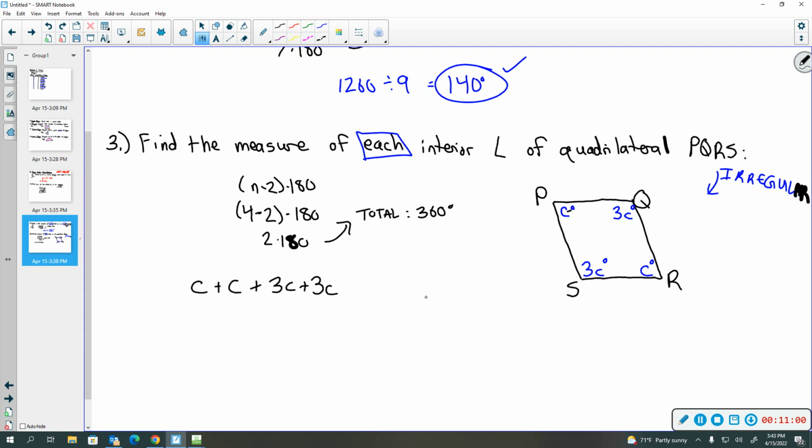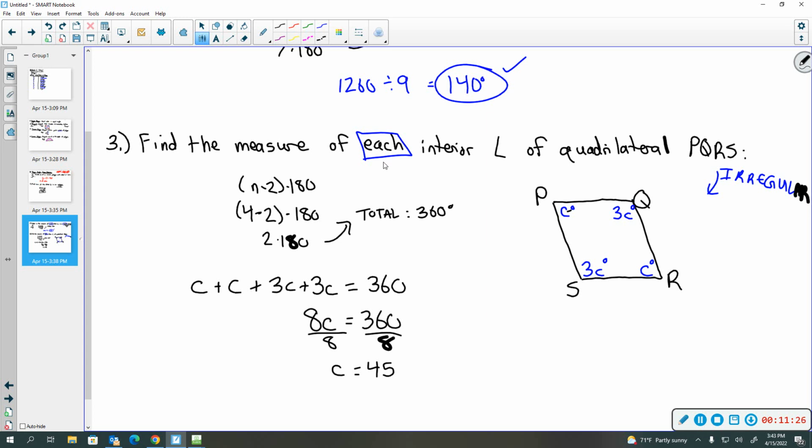All 4 angles added would have to equal my total of 360. Well, combining like terms, 1C, 1C, 3C, 3C. I have 8 C's in total, equal to 360. To get C by itself, I would divide by 8. And C is equal to 360 divided by 8, or 45.